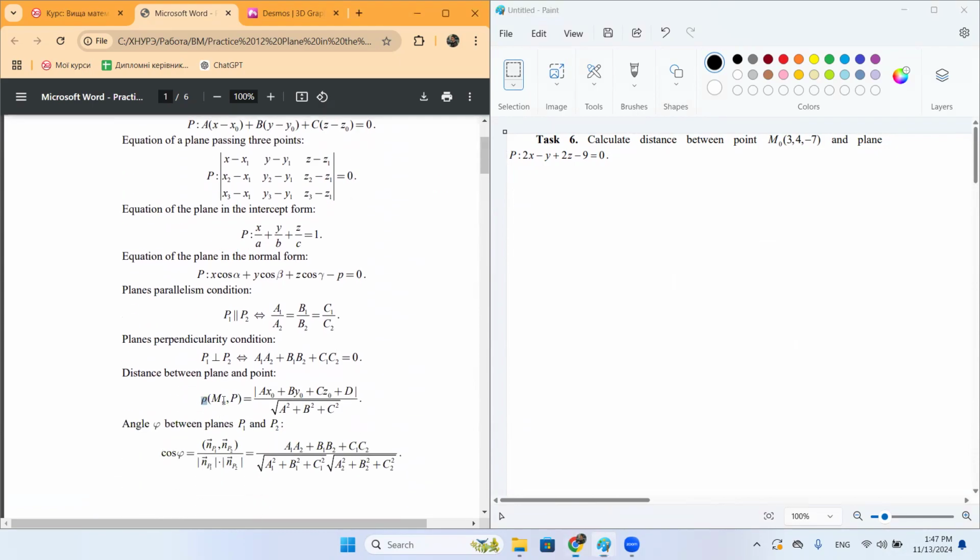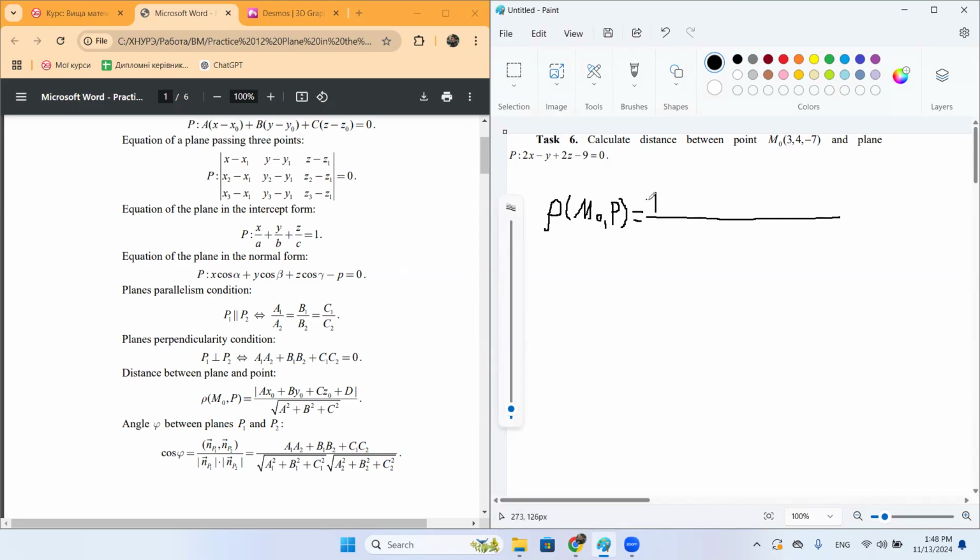So here is the formula that we need to use. So we have all the information to solve this task. So now let's just calculate the distance from M0 to the plane P, so the distance is calculated by the next formula.